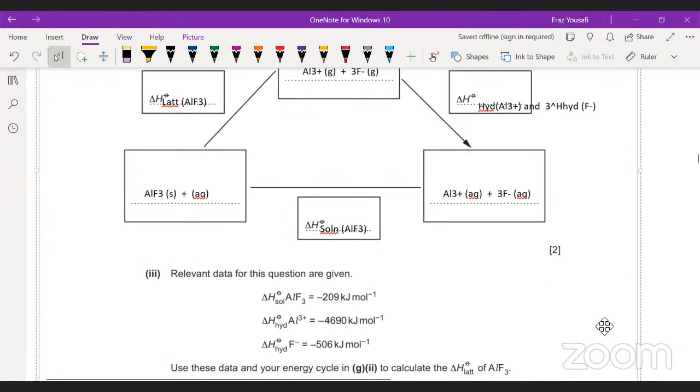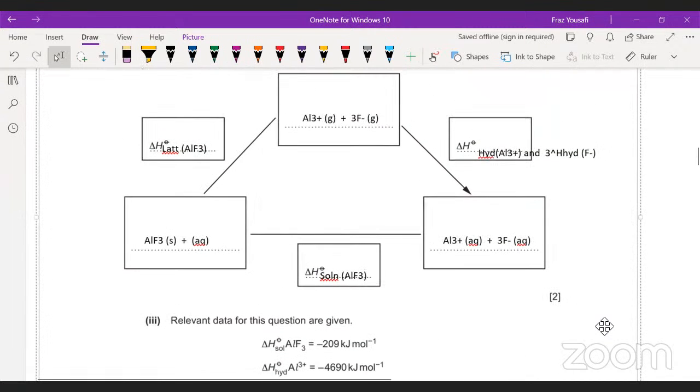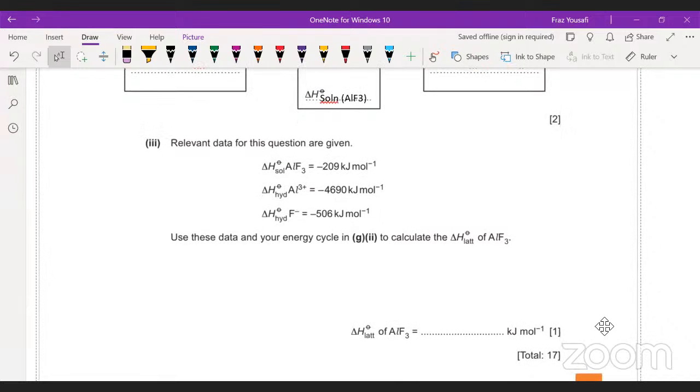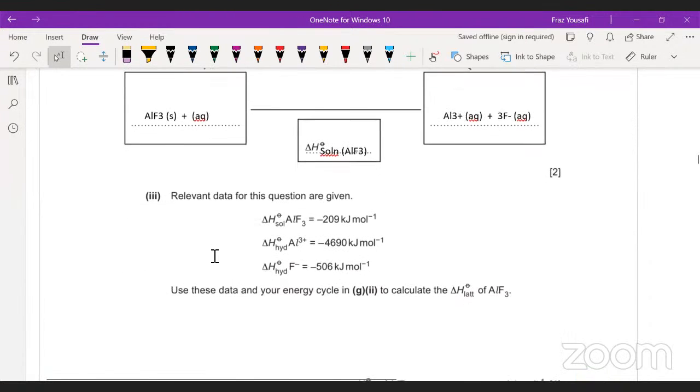It says the enthalpy of solution of AlF3 is negative 209. The hydration of aluminum is negative 4690. The hydration of fluoride is negative 506. They want you to use this to calculate the enthalpy change, lattice energy of aluminum fluoride. So here's what we've got again. Enthalpy change solution should be equal.